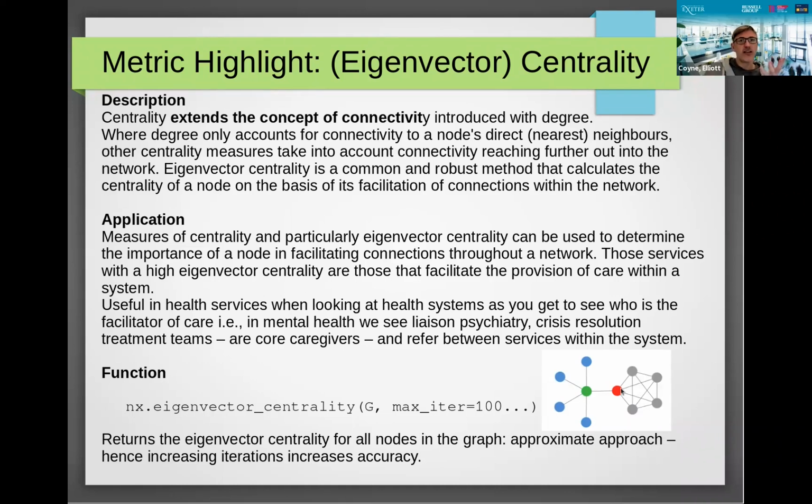But if we're asking ourselves which one is more important, it depends. What is the measure of importance? For example, to step out of the health sphere, if we were thinking about trading relationships, the green one is more important because it is the only one that can trade with each of these four blue dots. They don't trade with one another.